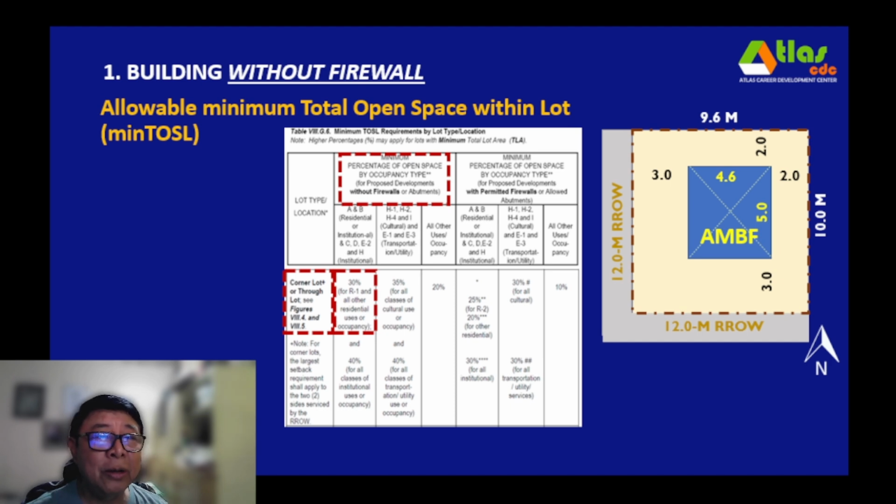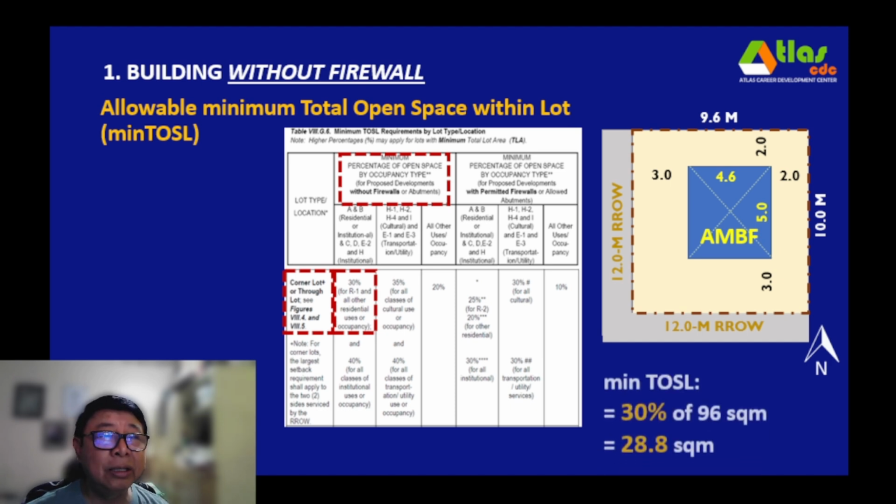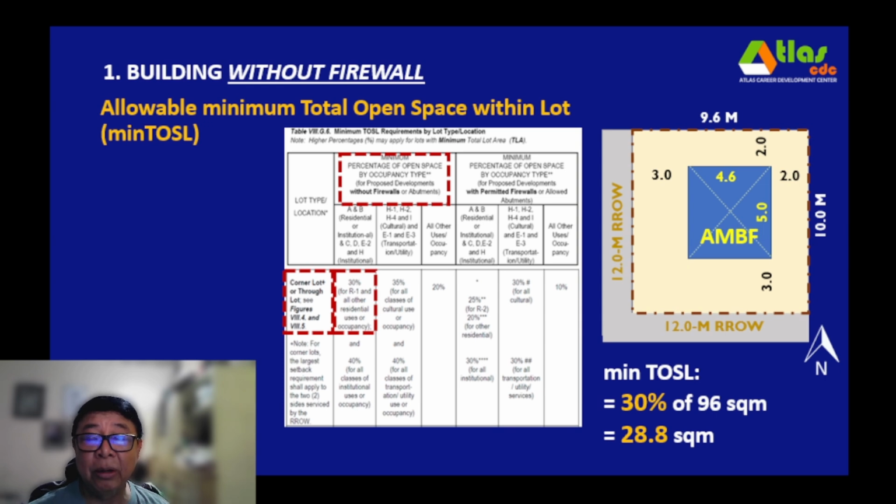So if we are going to make use of that, 30% is our minimum TOSL. 30% of the total lot area of 96 square meters will give you a value of 28.8 square meters.